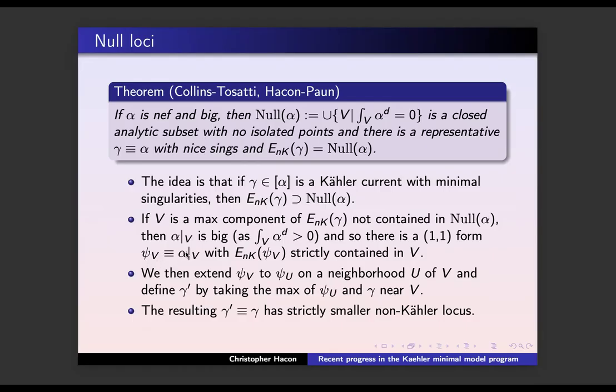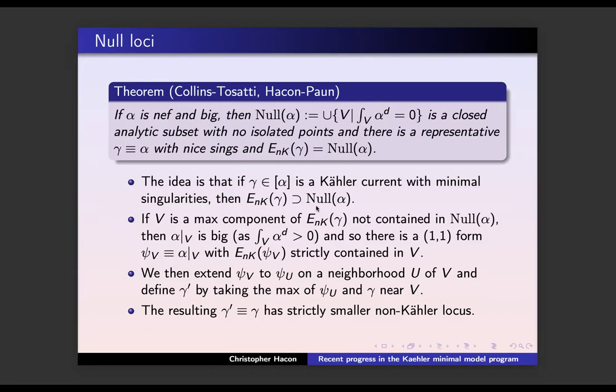So that means this is a big class, so I can find a 1-1 form representing alpha restricted to V whose non-Kähler locus is strictly contained in V. Now the idea is that you extend this 1-1 form on V to a neighborhood of V, and then you glue it together with the original representative gamma. In this way you obtain a new 1-1 form whose singularities do not contain V. And that's your contradiction, right?